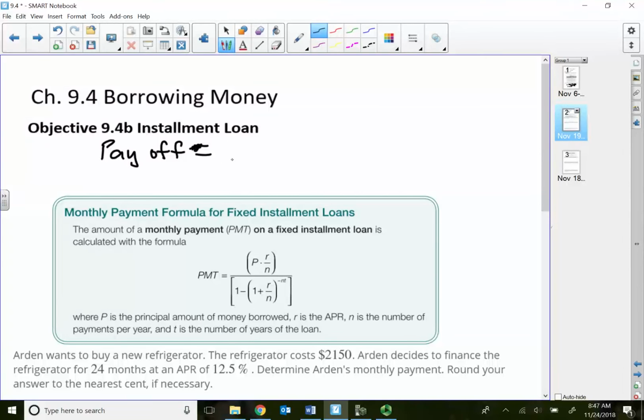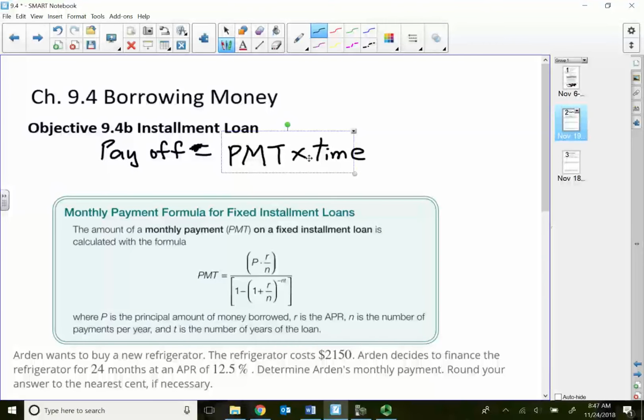The way we figure out the total amount paid in order to pay off the loan, the debt, is to take the monthly payment. I'm going to use the word PMT since we'll be using a lot of that. You take whatever payments you were supposed to make times the time it takes, whether it's 40 months, 60 months, whatever the time is.